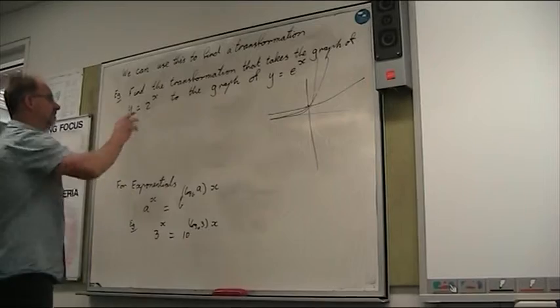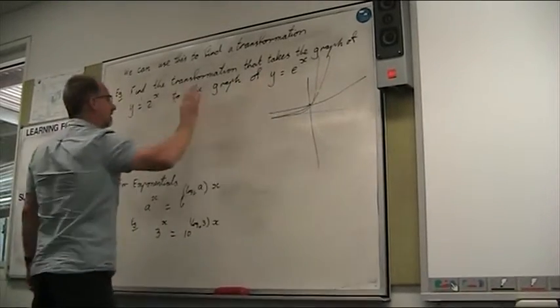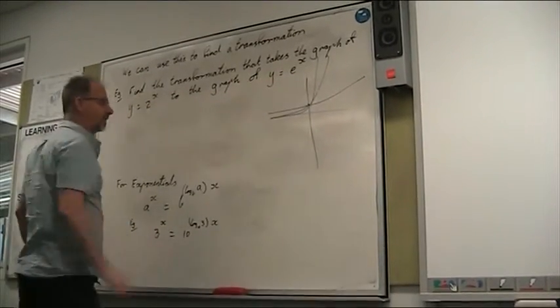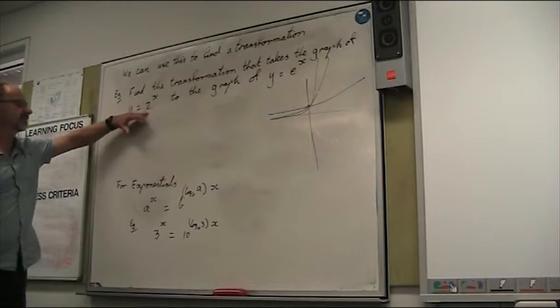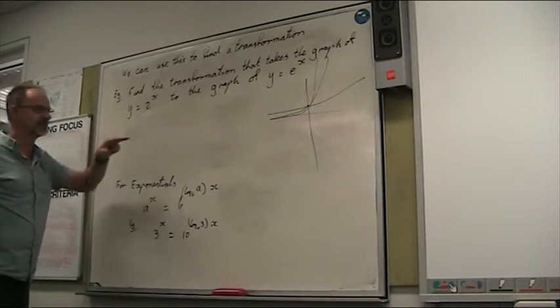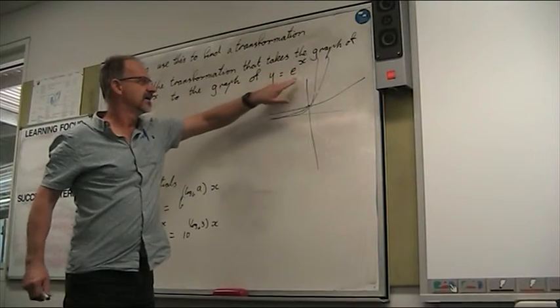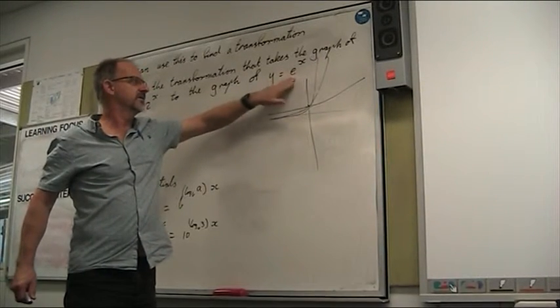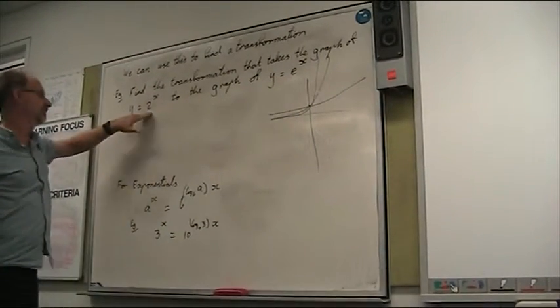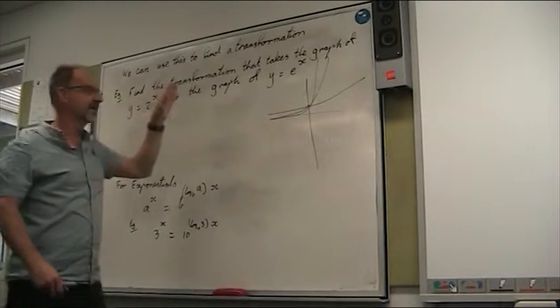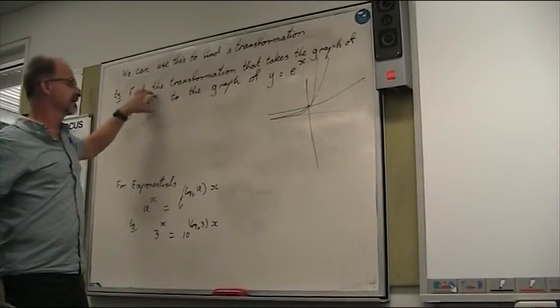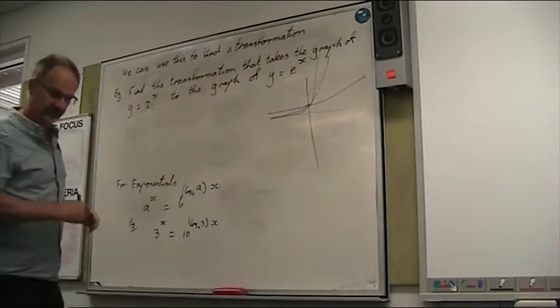So what we need to do is get these written in a similar way. The first one here is base 2, whereas the second one is base e. If we can rewrite this one with base 2, we'll be able to compare and see what's been done to get that.